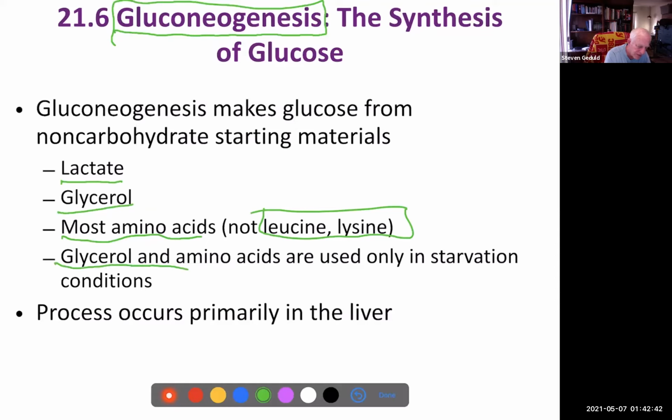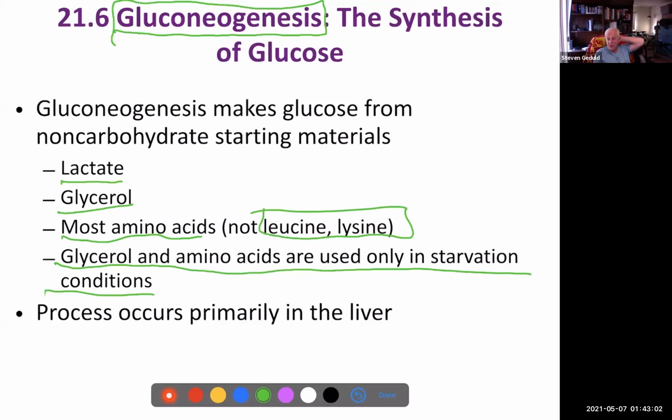Glycerol and amino acids are used only in starvation conditions. So your body has no sugar, and your body's in starvation. In order to survive, you start to break down glycerol and your amino acids. The body needs amino acids, it has to have those.